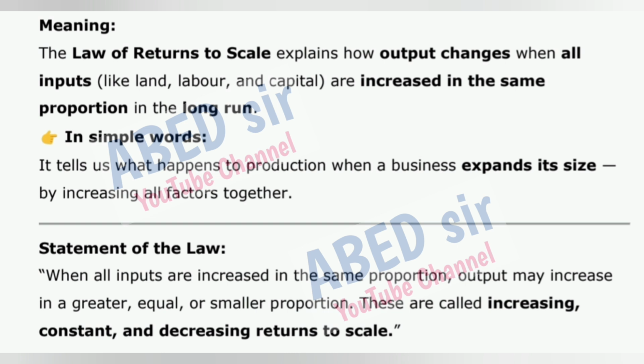In simple words, it tells us what happens to production when a business expands its size by increasing all factors together. Statement of the law: when all inputs are increased in the same proportion, output may increase in a greater, equal, or smaller proportion. These are called increasing, constant, and decreasing returns to scale.